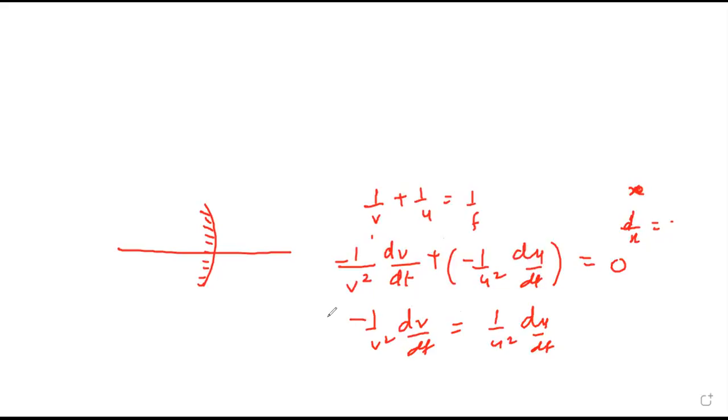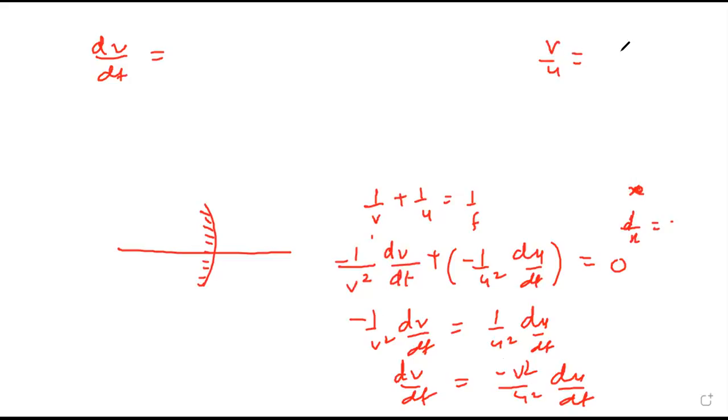So we get dv by dt, that is image speed, is minus v square upon u square into du by dt. What is v upon u?